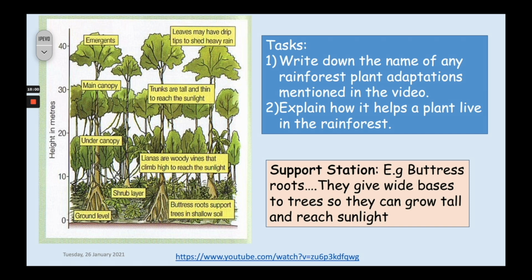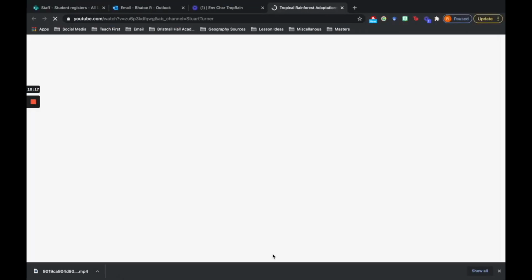So those trees are growing buttress roots so they can go really tall into the canopy or the emergent layer. So as you watch the video, you're writing down the name of any adaptations, but also explaining how those adaptations help a plant to survive in the tropical rainforest.